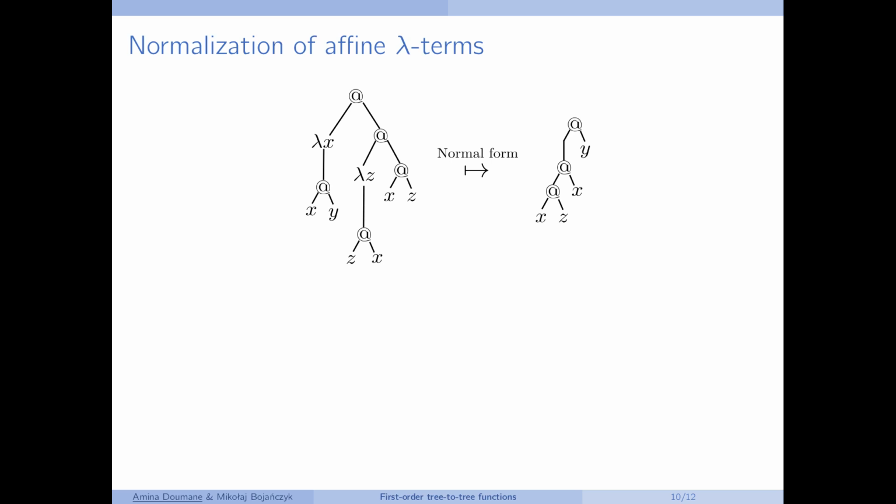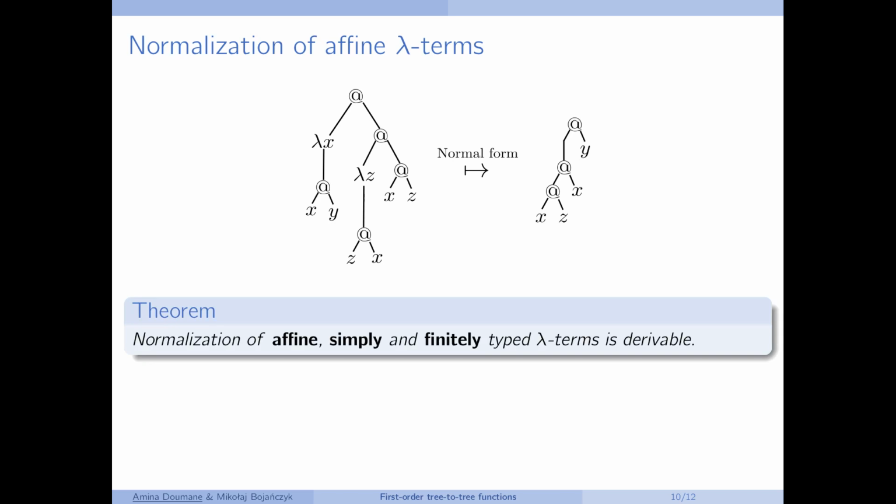The second ingredient to prove the main result is to show that normalization of affine simply typed lambda terms is derivable when restricted to affine simply typed lambda terms of bounded order. Well, as I said at the beginning, this normalization function can be seen easily as a first-order transduction, but it is much more difficult to derive it using prime functions.